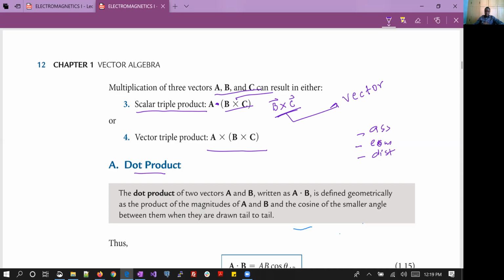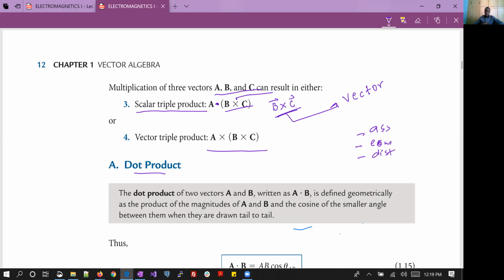That is the geometrical definition of dot product. So this is the definition. You get the magnitude of A, magnitude of B, and then you multiply with the cos theta, which is the angle between them.